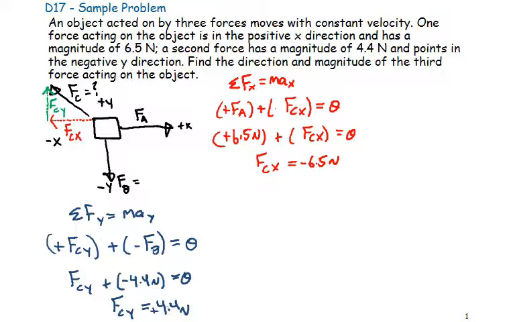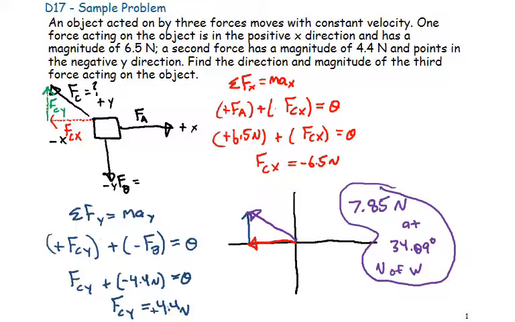So we know what the y force would have to be, what the x force would have to be. We can bring that on a coordinate axis and determine what that net force would need to be, and that would come out to be 7.85 newtons at 34.09 degrees north of west. So that would be the force to counteract this force and this force to make it have 0 net force.